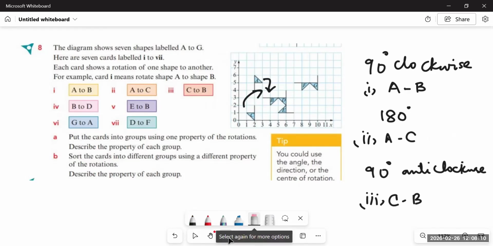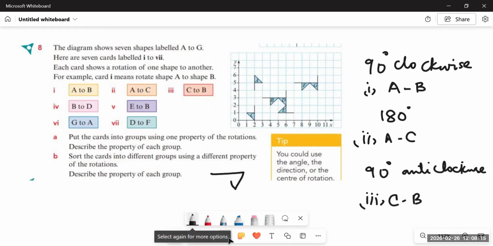Because these are not triangles, these are flags actually. Okay, initially B was like this, and upon rotating it 90 degrees, it looks like this. So that's why this rotation is 90 degrees clockwise.